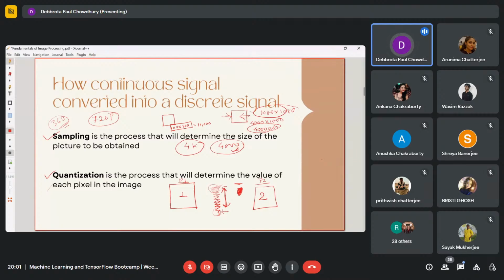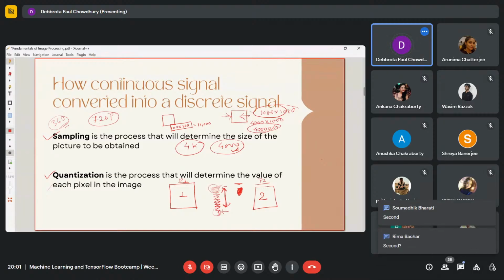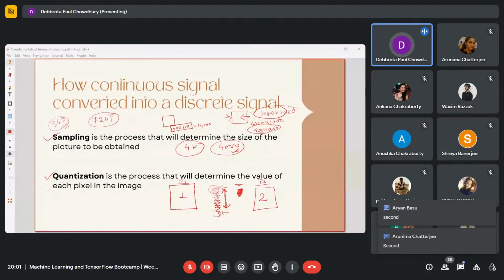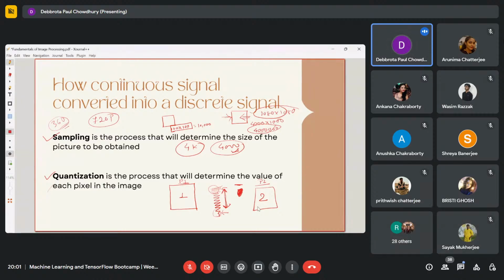If you are using all the shades of red, and here you are using just one shade of red, which one would show you the depth of the picture and everything? The first one or second one? Second one. Yes, correct. Second one would give us basically a better view of the picture.